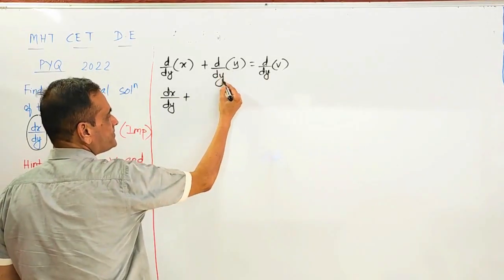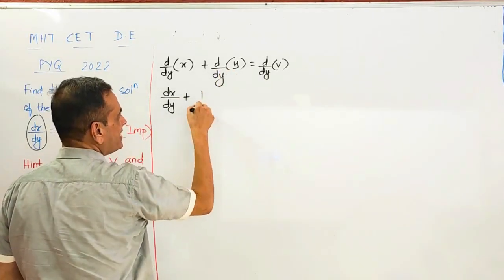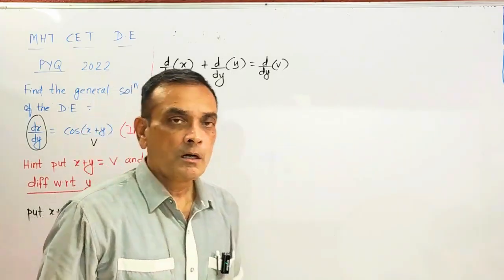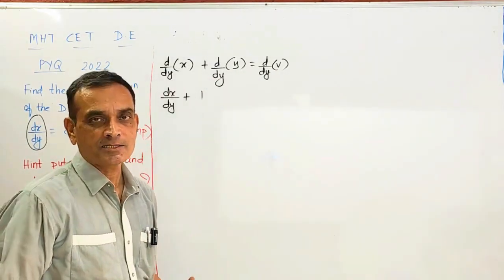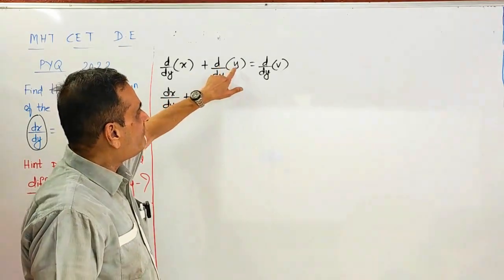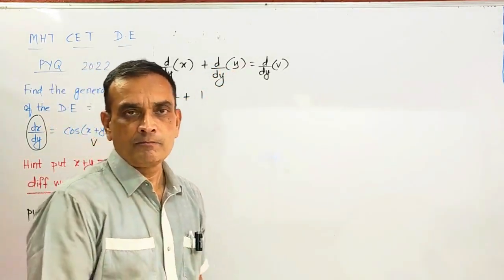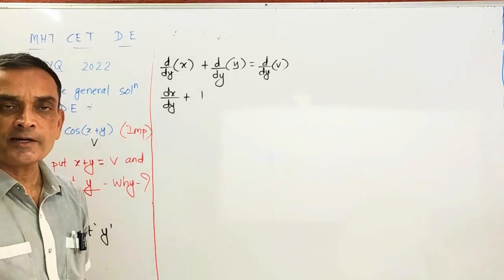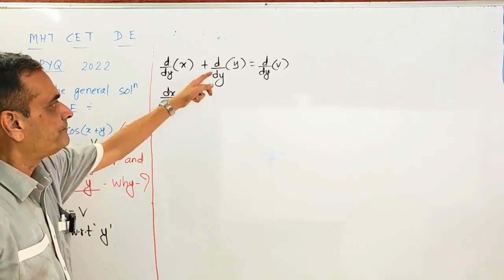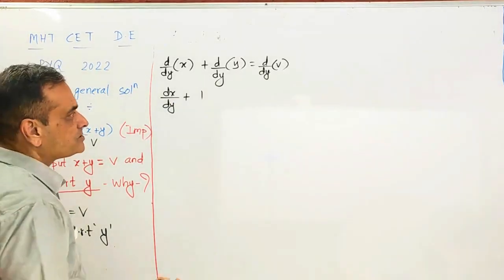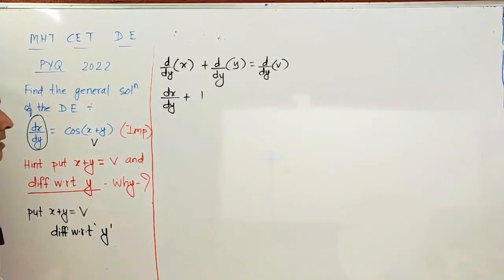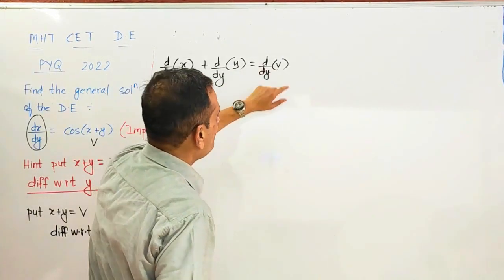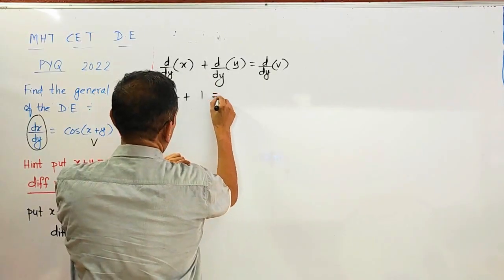Derivative of y with respect to y, dy upon dy, is 1. But the derivative of y with respect to x is dy by dx. The derivative of y with respect to y is 1, like the derivative of x with respect to x we take as 1, in the same way. So by chance don't write dy by dx here, it is 1. d by dy of v is dv by dy.